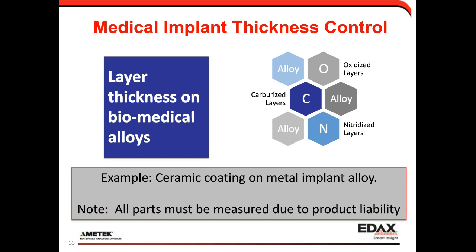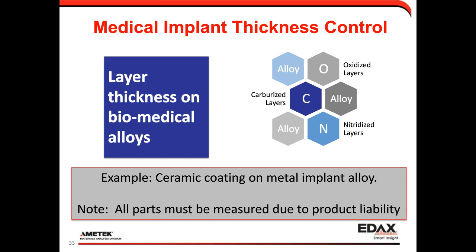It's necessary to put the coating on top of these. They're typically grown as oxidized layers or carburized layers from the base metal material. They provide corrosion protection and wear protection to the medical implant, as well as a chemical seal or a barrier to prevent metal ions from leaching out from the implant into the body.